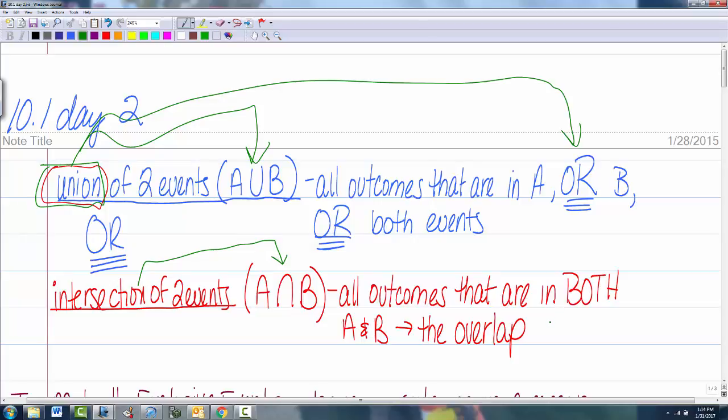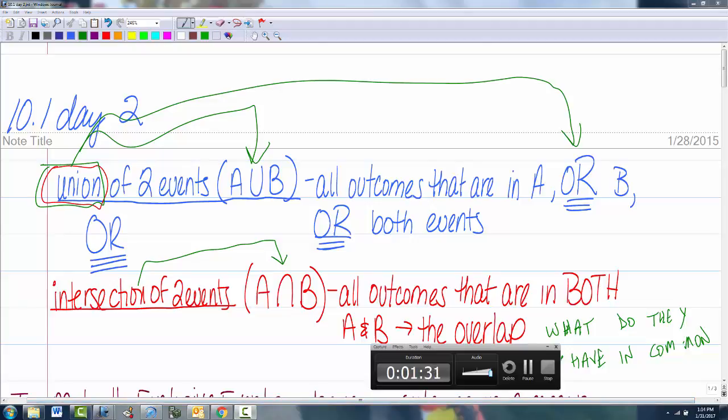Really, a phrase that you can put with intersection is: what do they have in common? Like A and B in this example.